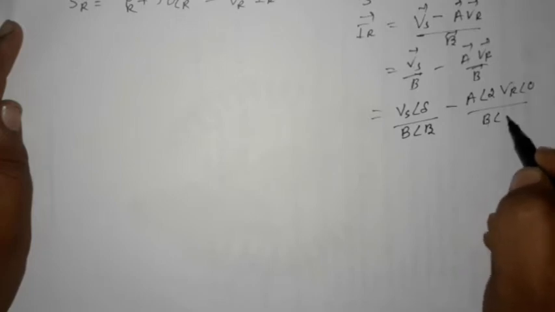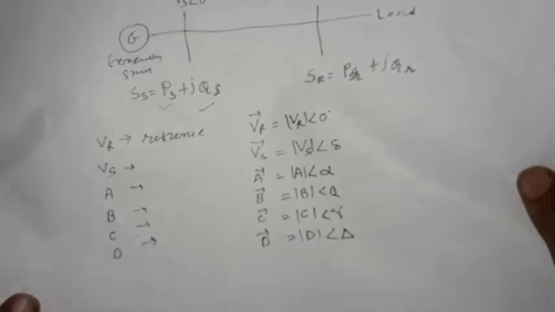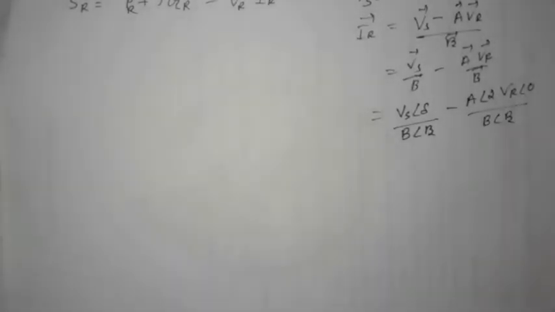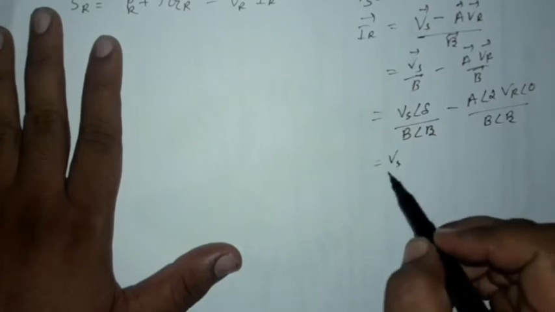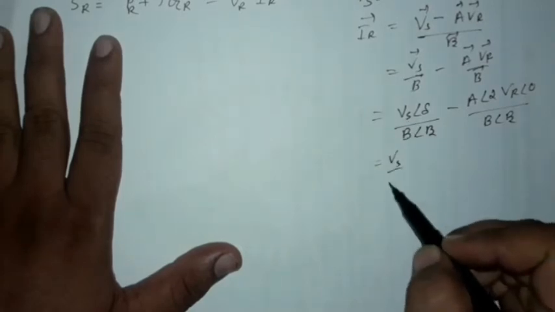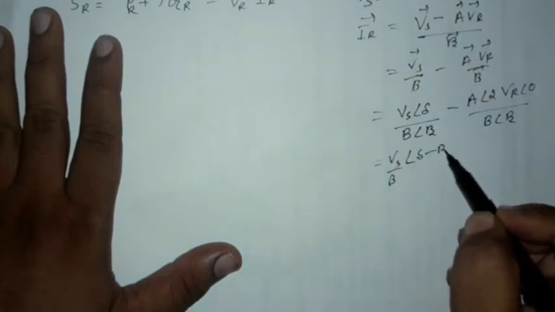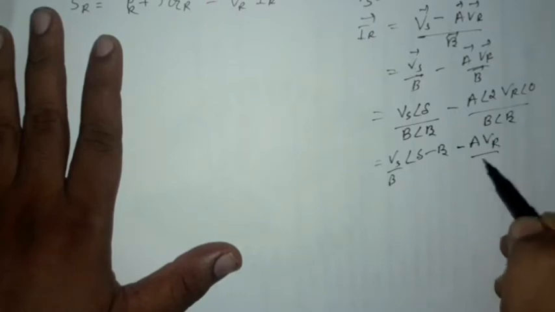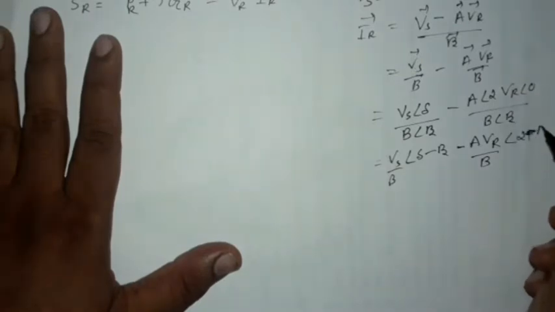We write all these values from our above equation for VR, Vs, A, B, C, D. Now for division of angles, which is equal to subtraction, so Vs by B gives angle delta minus beta, minus A into VR upon B. Now the angle is alpha, and alpha plus 0 is alpha, divided by B, alpha minus beta.